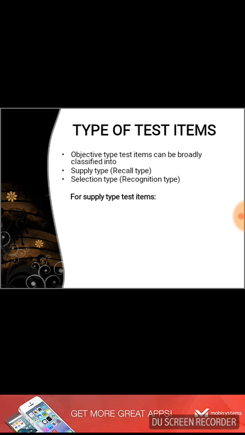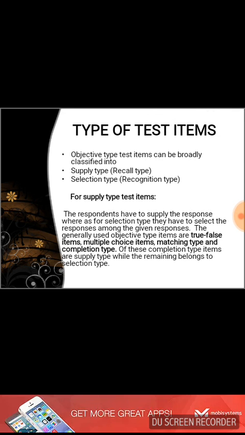Okay. Objective type items can be broadly classified into recall type, which means supply type, and recognition type, which means selection type. For supply type items, the respondents have to supply the response, whereas for selection type they have to select the response among the given responses.